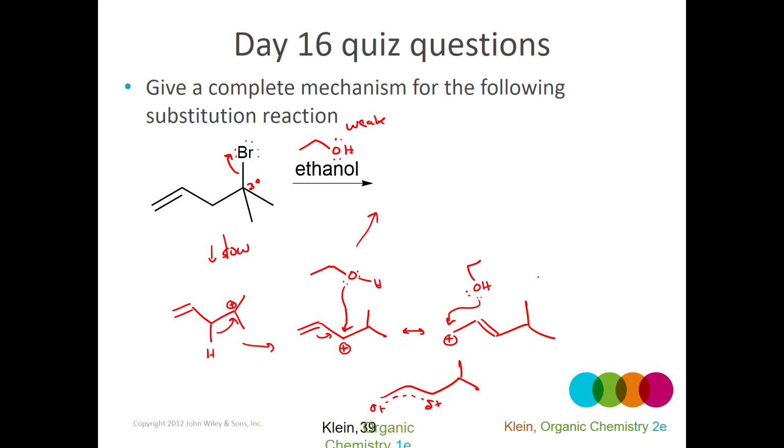If the attack occurs here, that gives me 1 product. Let me draw that over here. At this point, the ethanol is still protonated.